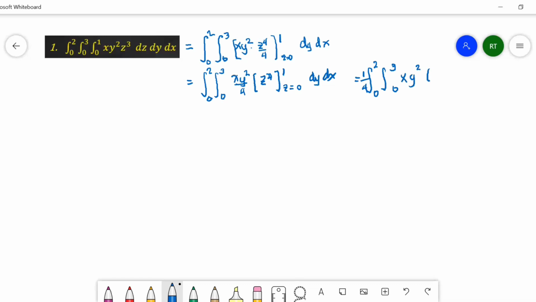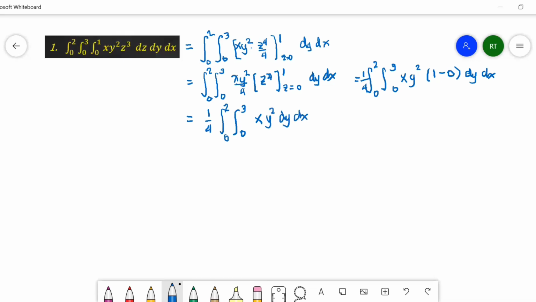When z is 1, z to the fourth gives us 1, and when z is 0, z to the fourth is 0. Then dy dx. So the resulting integral is 1 over 4, and we write the constant 1 over 4 before the integral sign, with y going from 0 to 3, x going from 0 to 2, and we will evaluate x y squared dy dx.